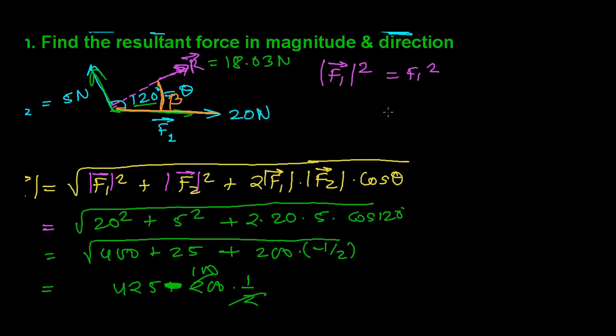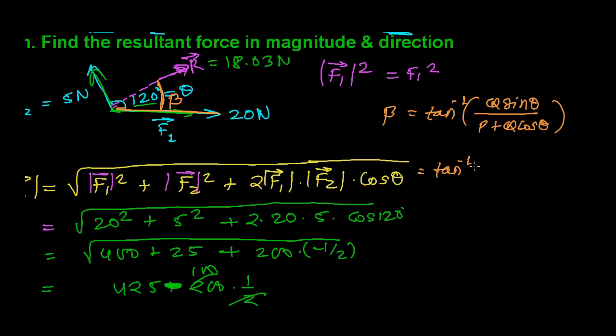According to that, beta is tan inverse of q sine theta divided by p plus q cosine theta. Here this will work as p and this as q; this is F1 and this is F2, so better I write F1 and F2 so you don't get confused.